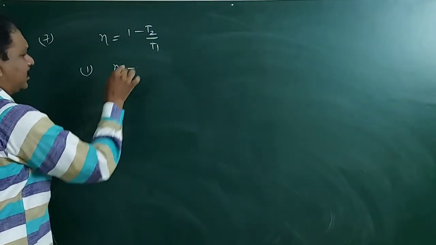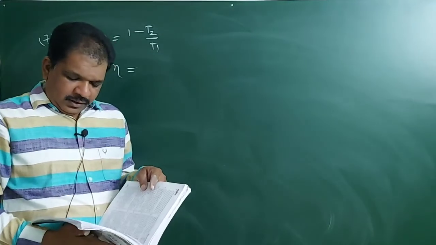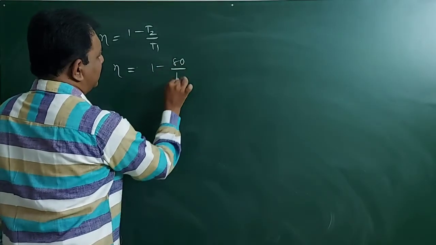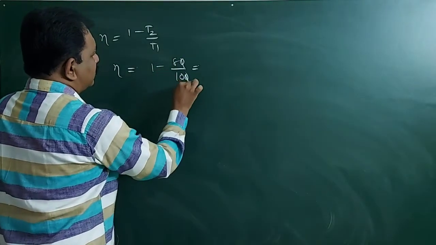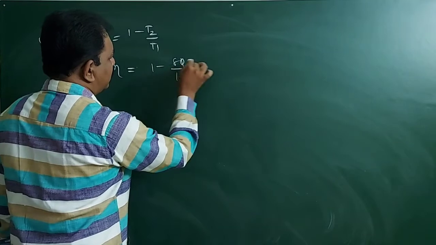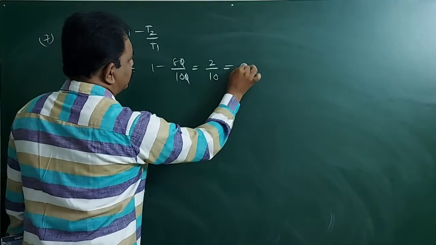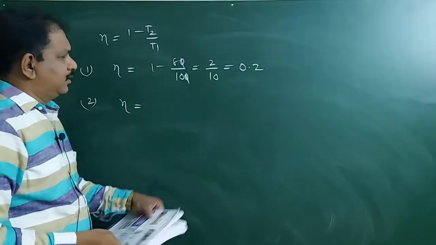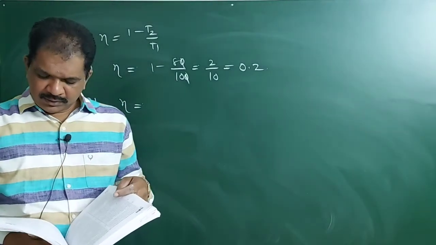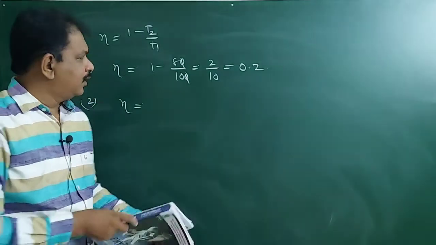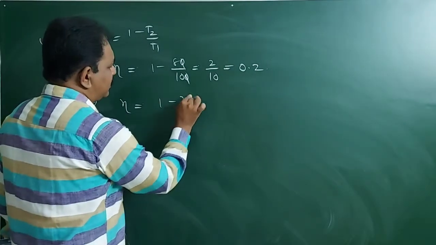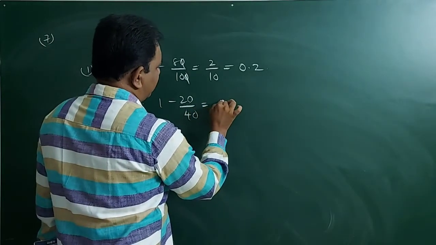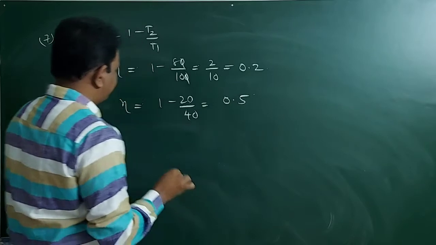First option you check: 80, 100. 1 minus 80 by 100, so 1 minus 2 by 10. This is 0.2. Second option, 20, 40. 1 minus 20 by 40, 1 by 2, means 0.5.